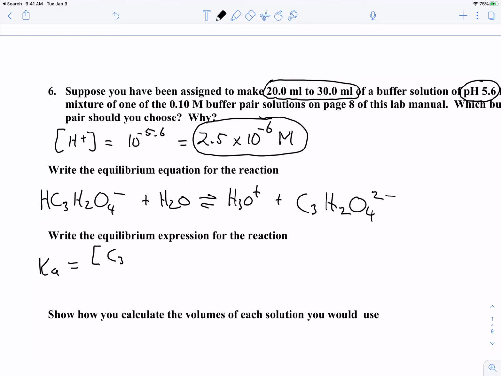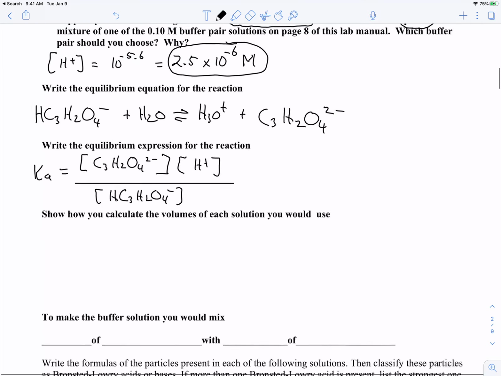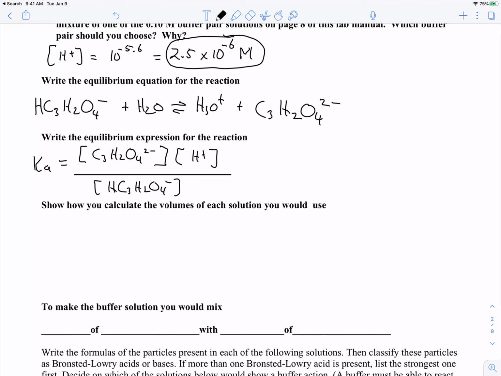So our conjugate base on top, times, again, I'll just use hydrogen here. We could use hydronium. And then our weak acid on the bottom. So that's our equilibrium expression for Ka.